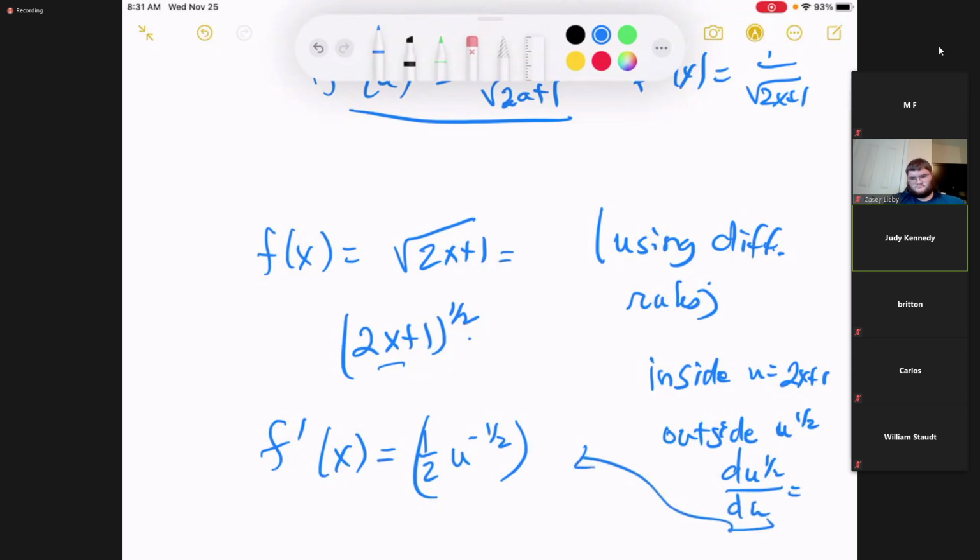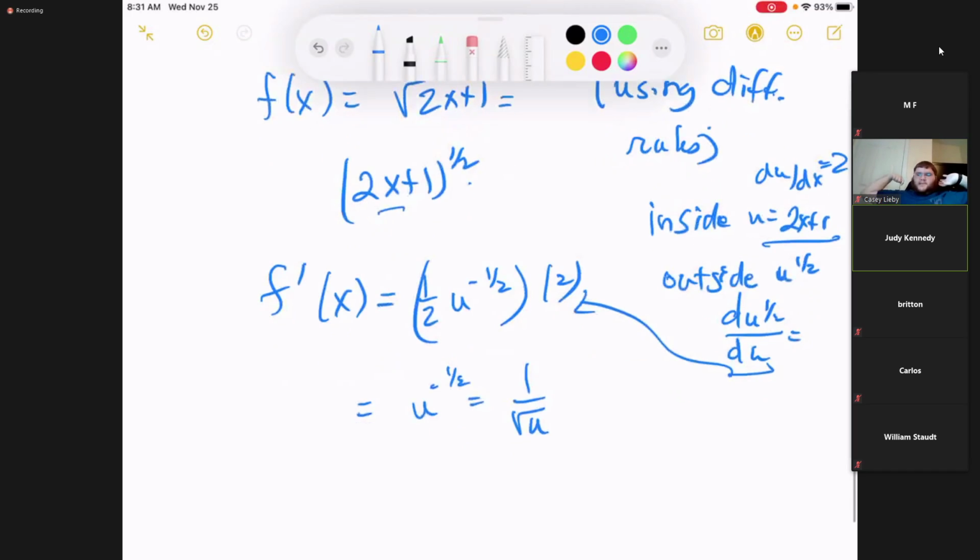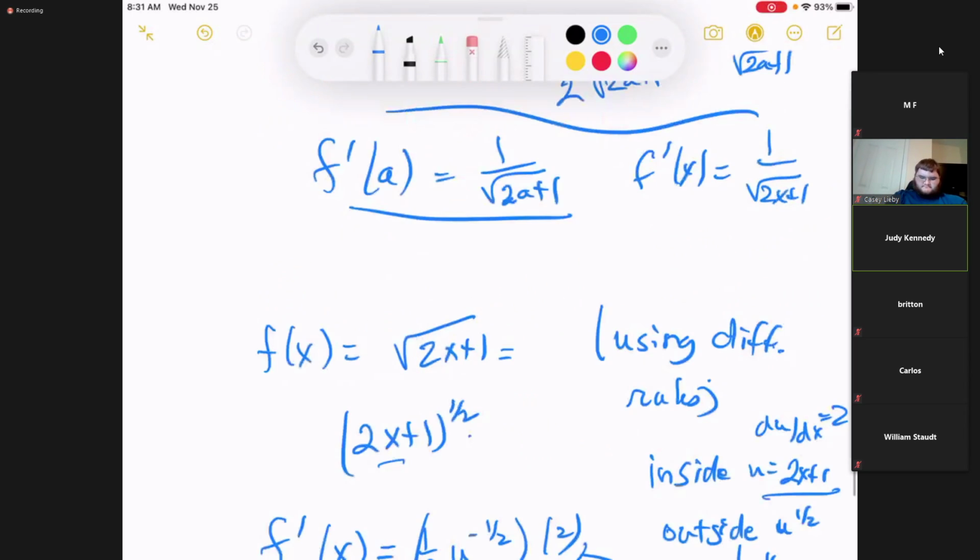And then the derivative of 2x plus 1 is 2. So du dx is 2. And that is equal to 2 times 1/2 is 1. And u to the minus 1/2 is 1 over the square root of u. And u was equal to 2x plus 1. And we got the same thing.